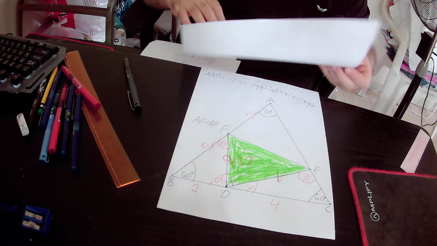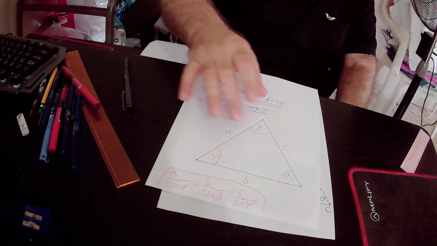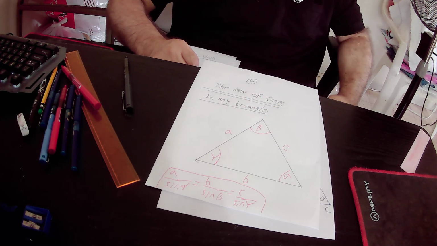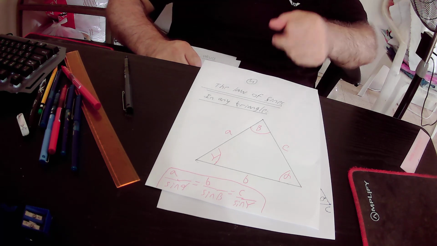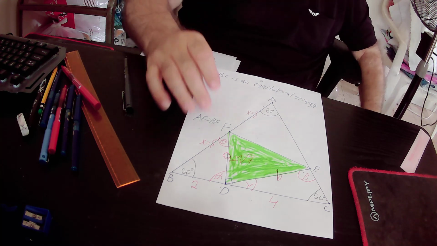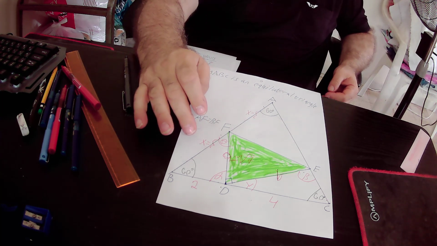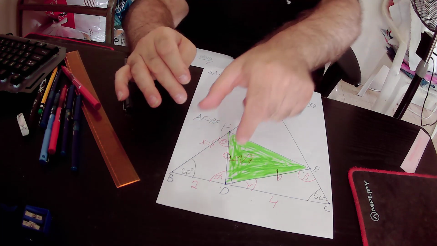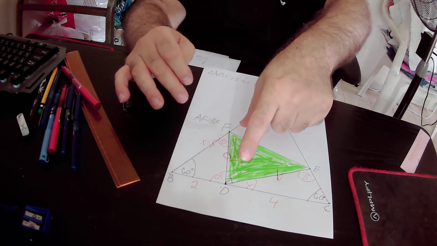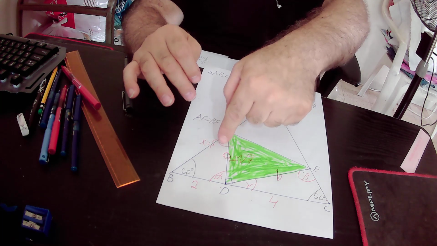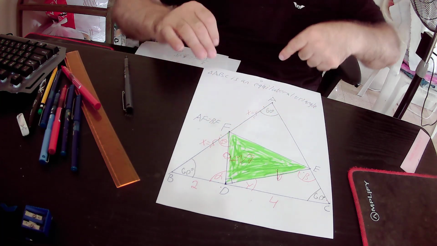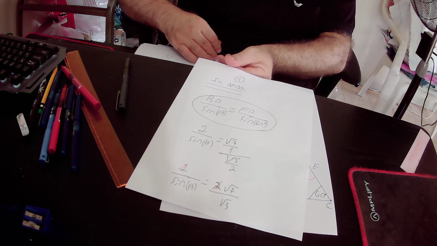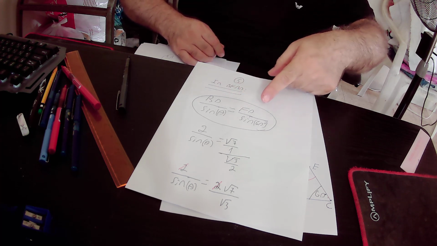The law of sines states that in any triangle, A over sine alpha equals B over sine beta equals C over sine gamma. So implementing the law of sines in triangle FBD means that BD over sine theta equals FD over sine 60 degrees.